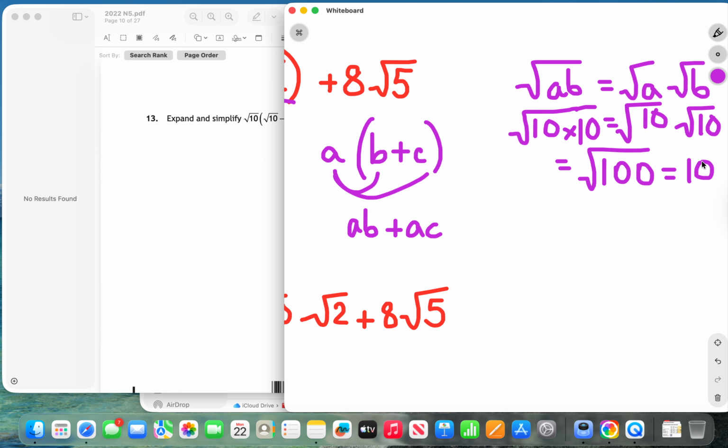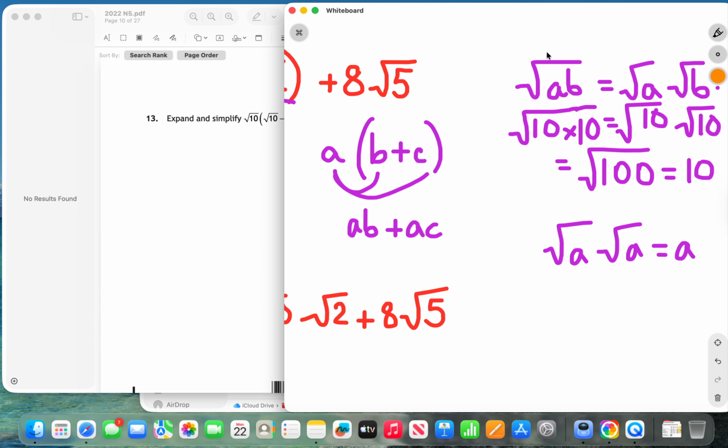An easy way to think about this is, if you get root A multiplied by root A, you get A. But if you didn't know that, then you can use the rule of this one.